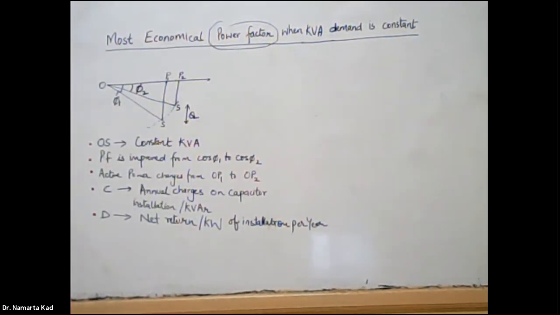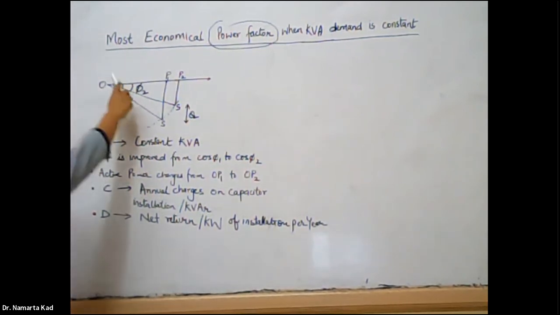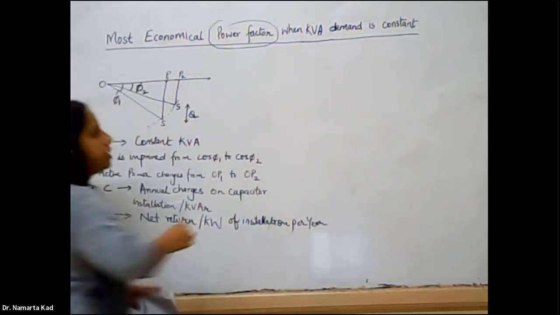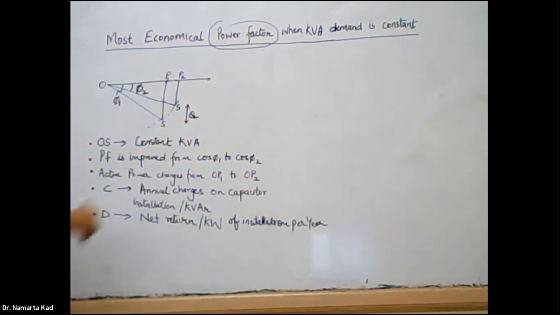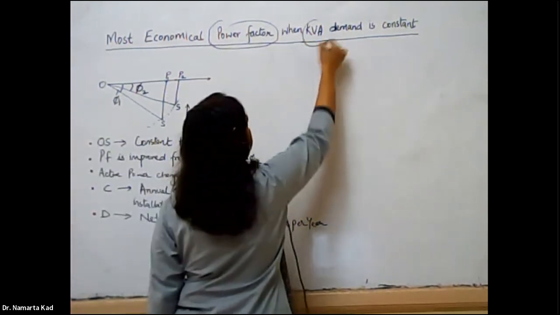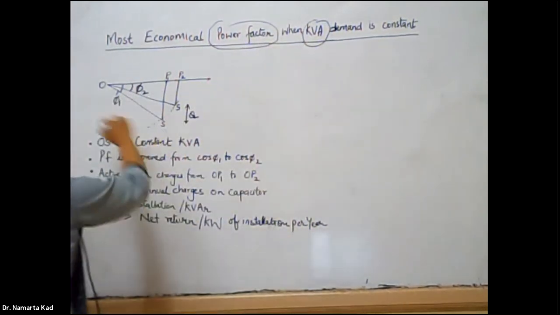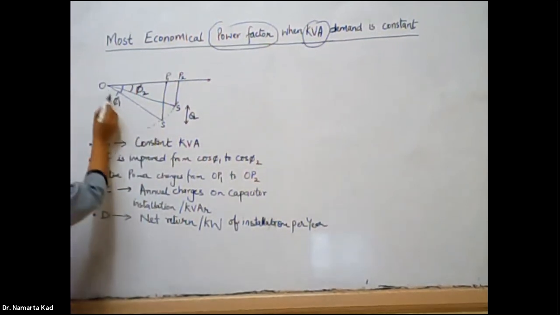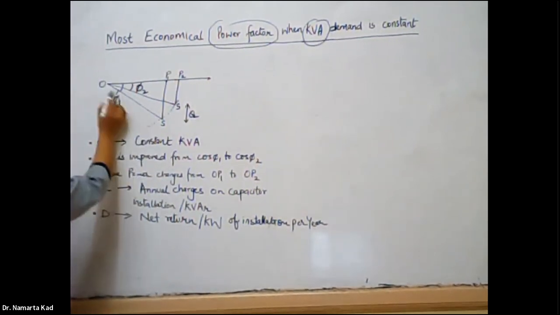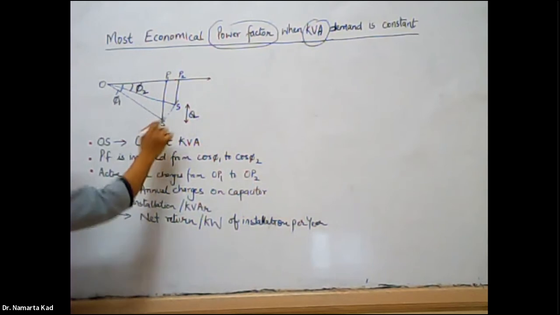For the second derivation, that is the most economical power factor when KVA demand is constant, here we are not to change the KVA demand. This is the figure, and in this figure the KVA, represented by the hypotenuse OS, remains fixed.